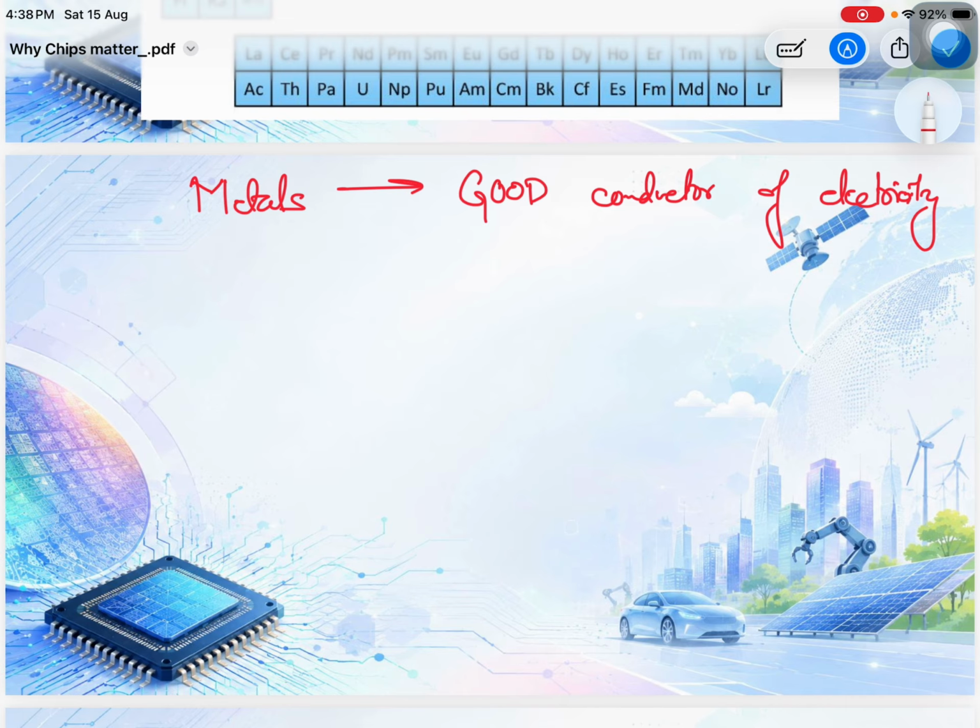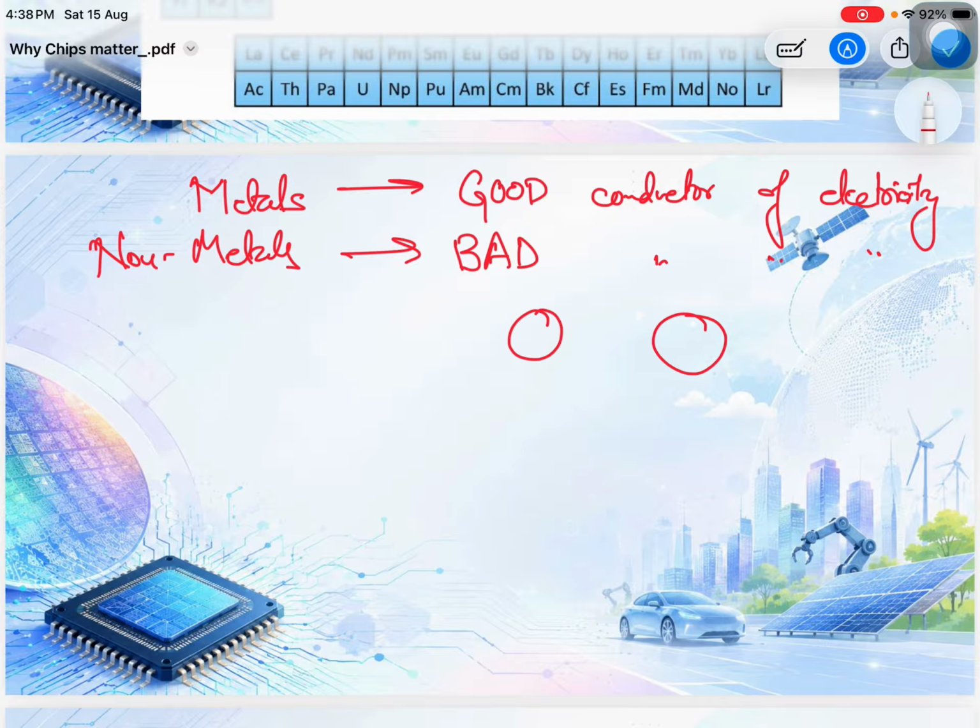On the other hand, non-metals are bad conductors of electricity. Non-metals cannot conduct electricity from one body to another. Let's say there is a body A and a body B, and you join them with a non-metal, the electricity cannot pass through.